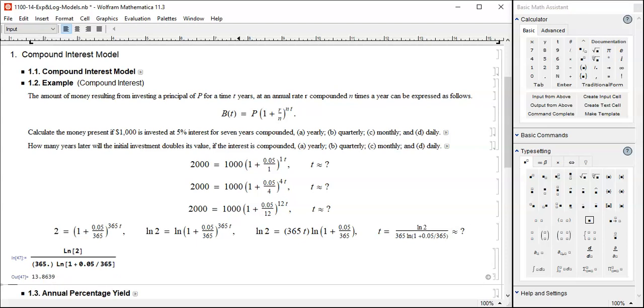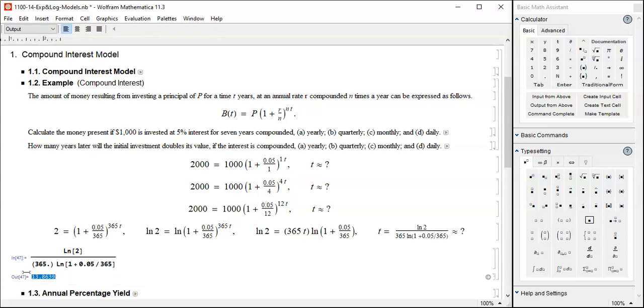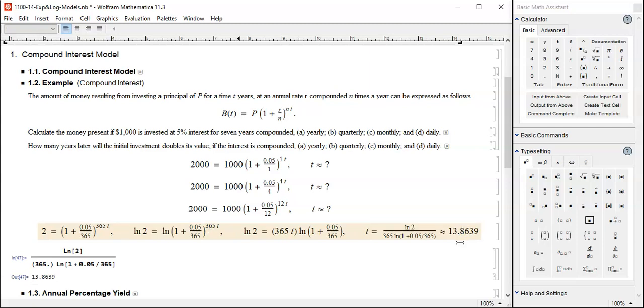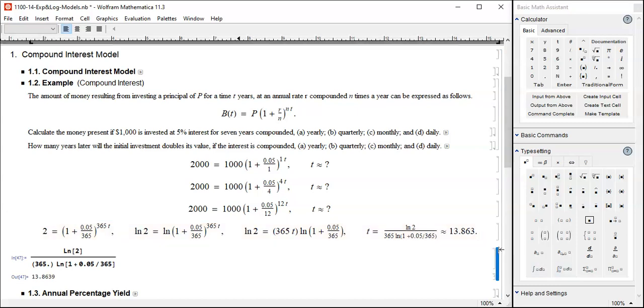It's 13.86 something according to this computation. So it'll take about 13.86, nearly 14 years to double the money if you use daily compounding.